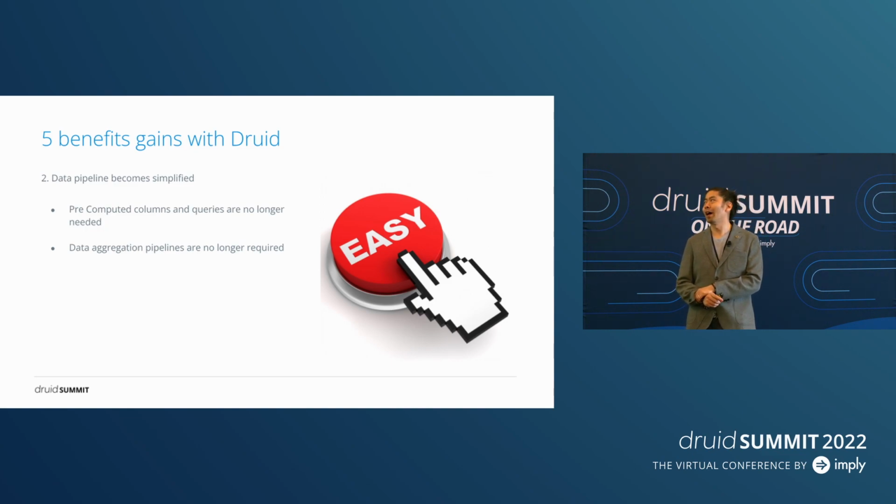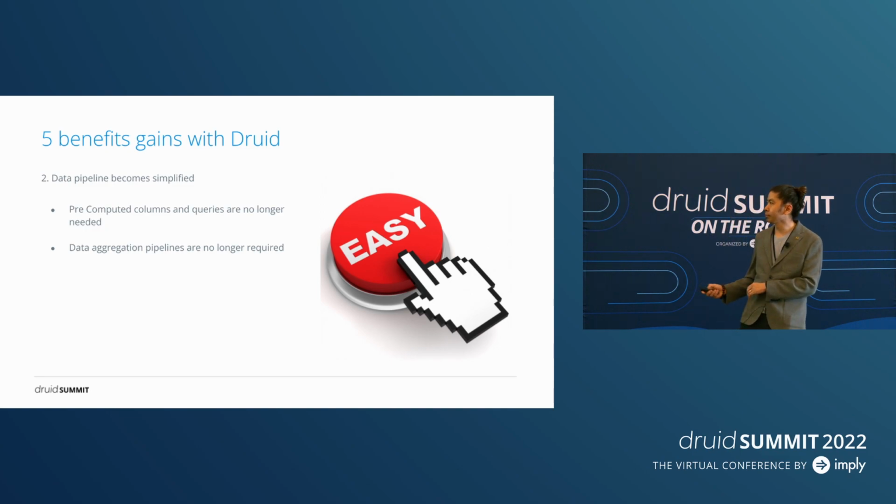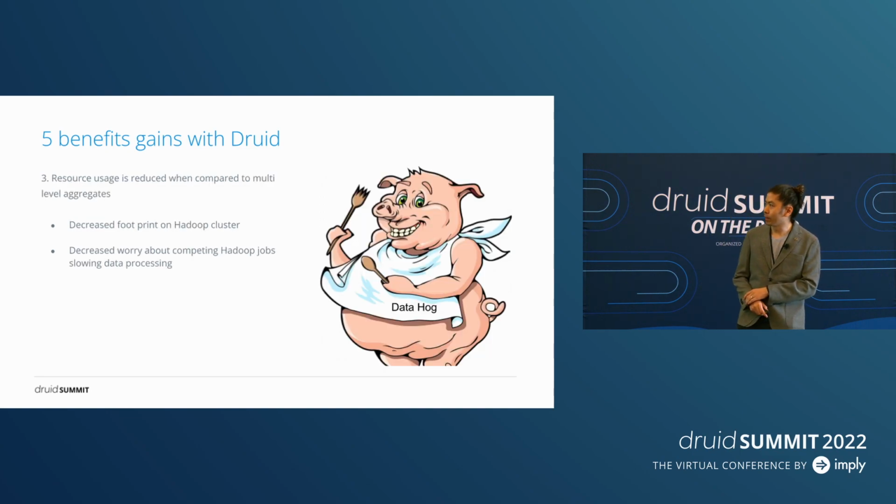What does this mean? I also simplify my pipelines. So I only have one pipeline. The pipeline goes from my data lake directly into Druid rollup at the hour level. By decreasing the pipeline, I no longer have 10, 20 Hadoop jobs running to compute these aggregates. I only have one, right?